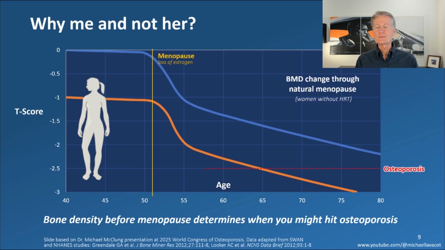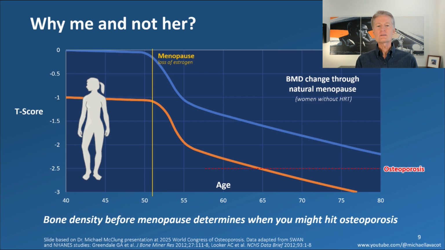the trouble zone, right? The second woman, represented by the orange line, comes into menopause at -1. And what happens to her is she, again, loses bone mineral density from the loss of estrogen and then tapers down. And this female actually hit osteoporosis by about 64, 65 years old.